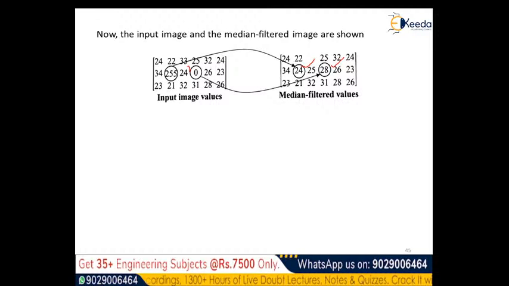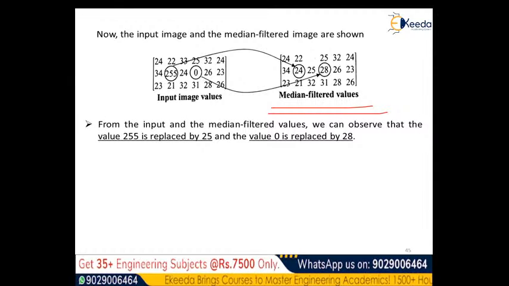The 24 value that was here was replaced by 25 in the subsequent step, whereas the 26 stayed the same. So this is the output image generated by processing with median filtering. The changes I have already discussed: 255 replaced by 25, as well as 0 replaced by 28.